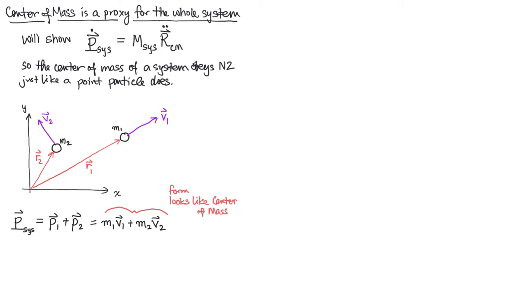So let's take a little mathematical aside and remind ourselves how the center of mass is defined. Our center of mass, RCM, is kind of like a weighted average of the positions, and the weights are the masses. So we have M1R1 plus M2R2 divided by the total mass M1 plus M2. Now, you can show that the center of mass of a system of two particles has to lie on a line that connects those two particles.